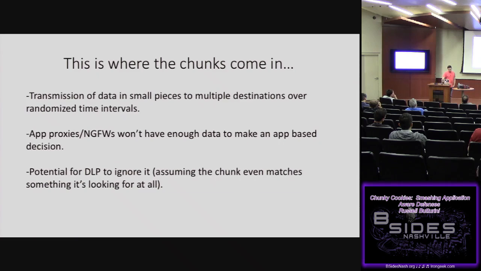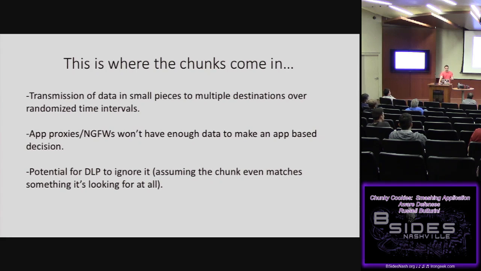So this is where data chunking starts to come in. We talked about DLP and some things like that. If we have a big file, let's say full of credit cards, or a database table we've extracted, and we need to move it, is it better to move it all in one giant transmission to one place? Or if we split it into a whole bunch of little teeny parts and send it to a whole bunch of different places?